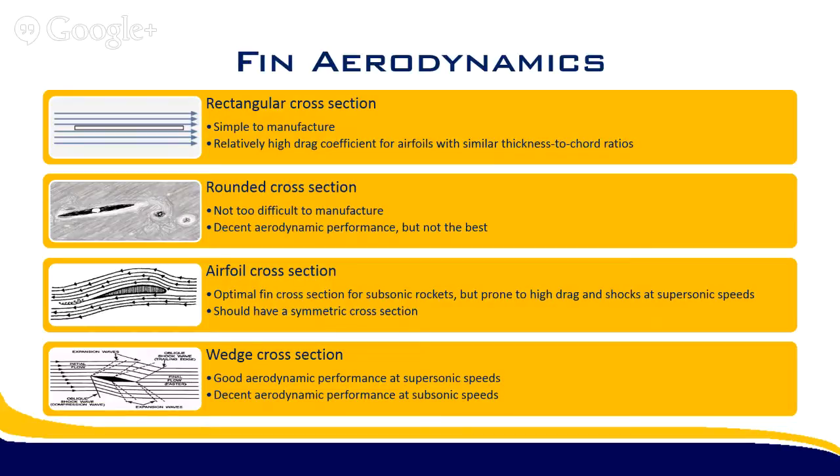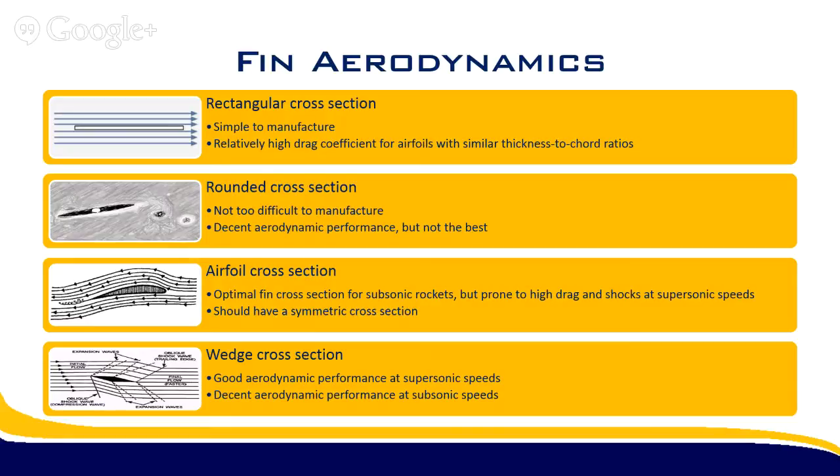You don't have to profile any part of it. But it comes at the cost of having a relatively high drag coefficient for fins of similar thickness to chord ratios, the chord being the length from the leading edge to the trailing edge. Rounded cross sections, where you're blunting the leading edge and the trailing edge, are not too difficult to manufacture.